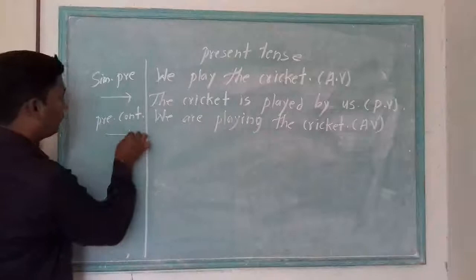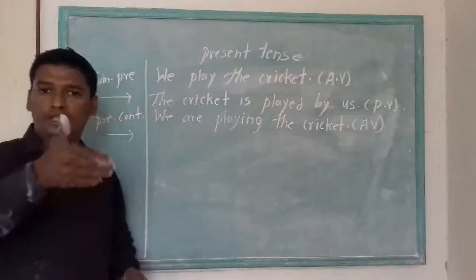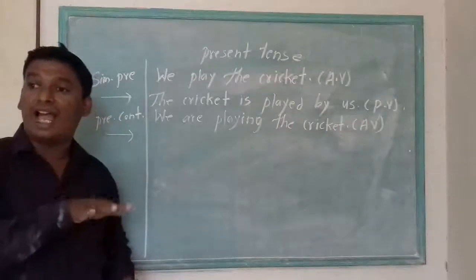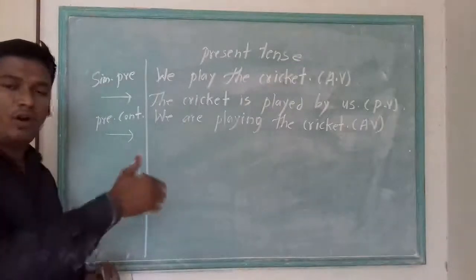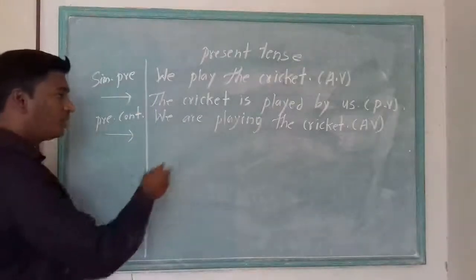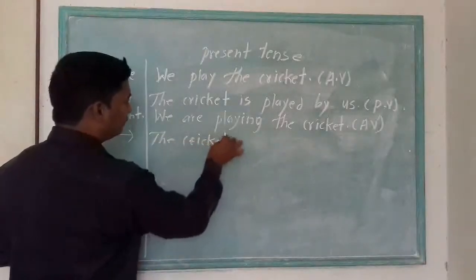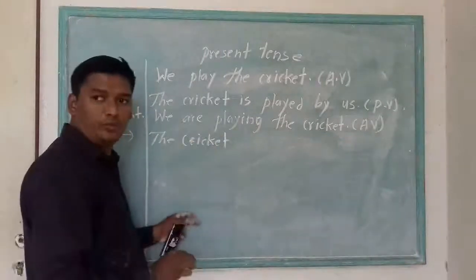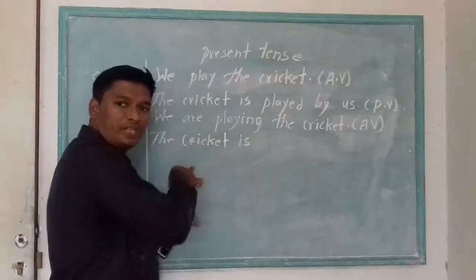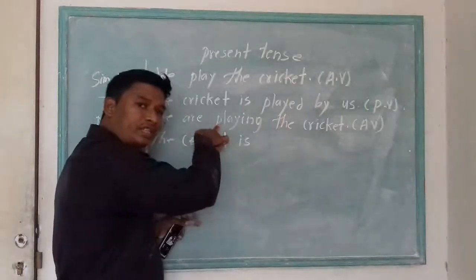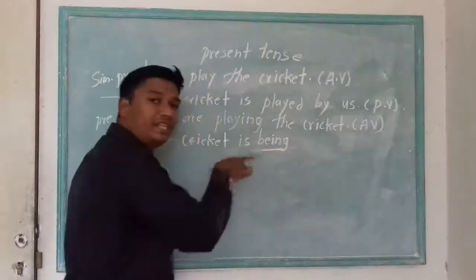Now, as I have given in a rule, if AV would be continuous, then add being after the auxiliary verb in the PV sentence. All the other rules are the same. So first take the object, the cricket, then take the proper auxiliary verb according to the tense and number of the subject. Then, as it is continuous tense, take being, as this indicates continuous tense.